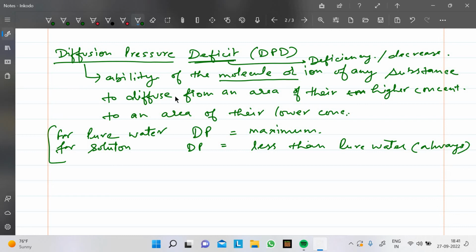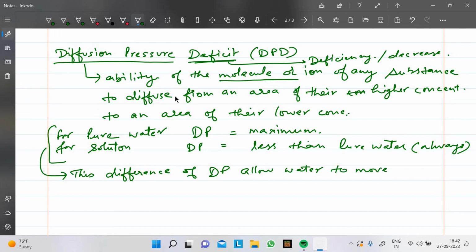ओके. तो this difference of diffusion pressure allow water to move from pure water towards the solution.